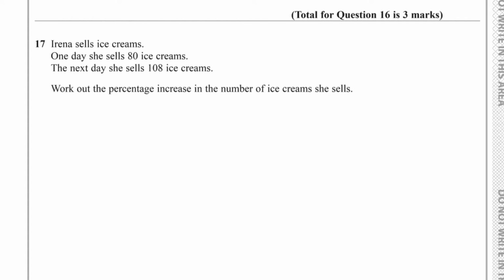Question number 17. Arena sells ice creams. One day she sells 80 ice creams, the next day she sells 108 ice creams. We have to work out the percentage increase in the number of ice creams she sells.